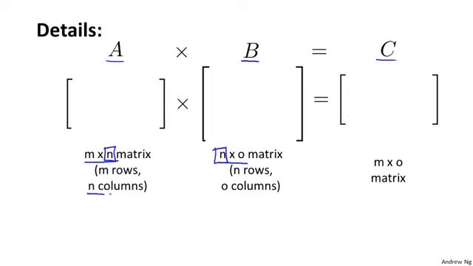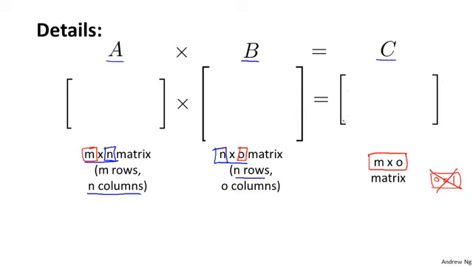So the number of columns in the first matrix must equal the number of rows in the second matrix. And the result of this product will be an m by o matrix, like the matrix C here. In the previous video, everything we did corresponded to the special case of o being equal to 1, the case of B being a vector. But now we're going to deal with values of o larger than 1.